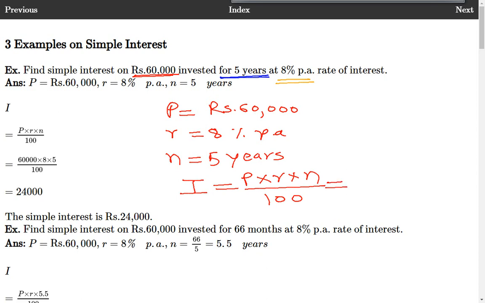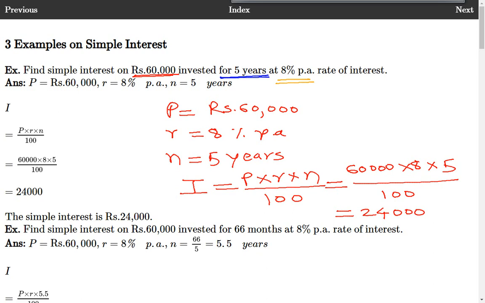After calculations, you pause the video for a while, do the calculations on your own and verify whether this comes as 24,000 or not. So the simple interest on rupees 60,000 invested for 5 years at 8% per annum is 24,000.